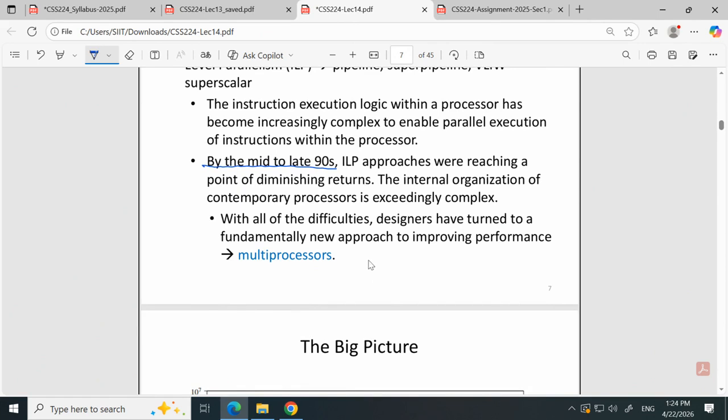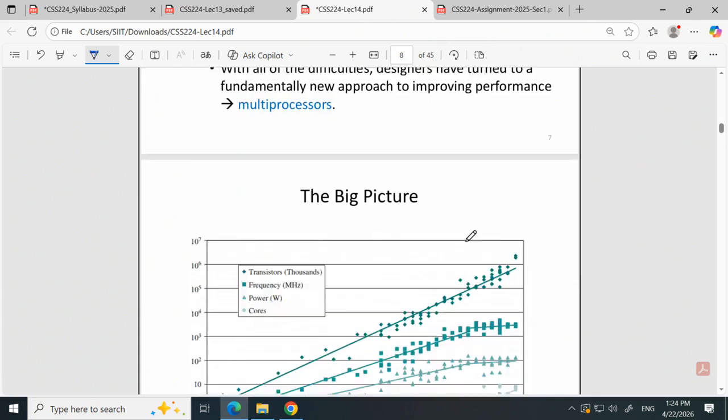Remember that, this guy, ILP. Keep this in your mind. So we cannot keep improving all those processors, because there's a point of diminishing returns. I'll show you this.